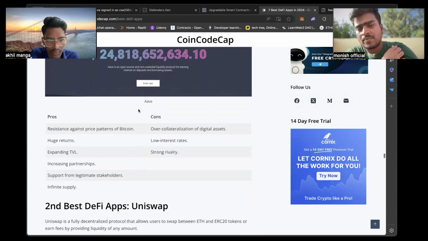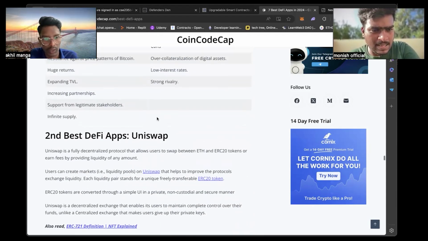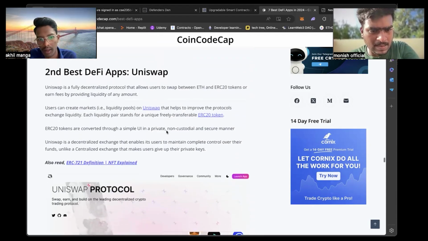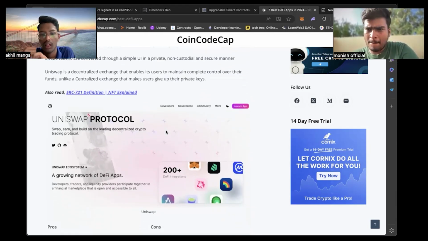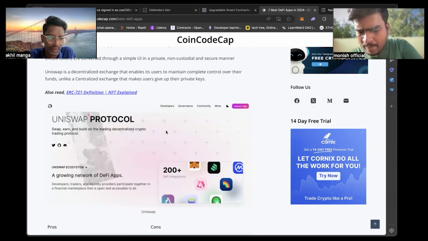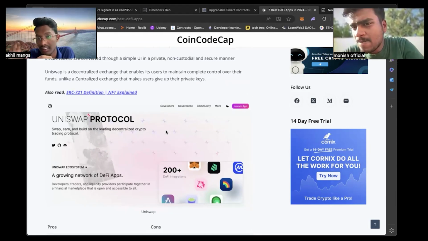This is one of the biggest products in the Ethereum ecosystem, and this is Uniswap. We'll have different types of tokens. In DeFi there is a concept called stablecoin. That stablecoin is also created by writing smart contracts.